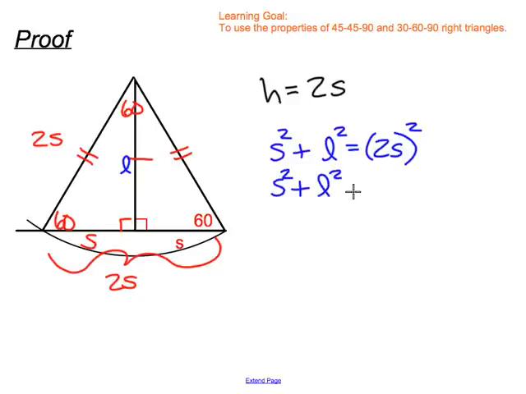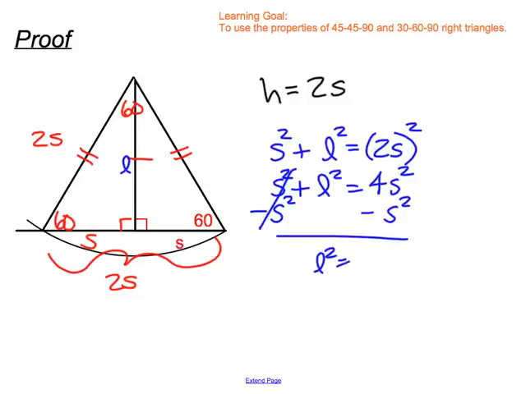So through simplification, we have s squared plus l squared has to equal 2 squared, which is 4, times s squared. So we subtract s squared from both sides. That cancels on the left-hand side, and we get that l squared has to equal 4s squared minus 1s squared, which gives us 3s squared.